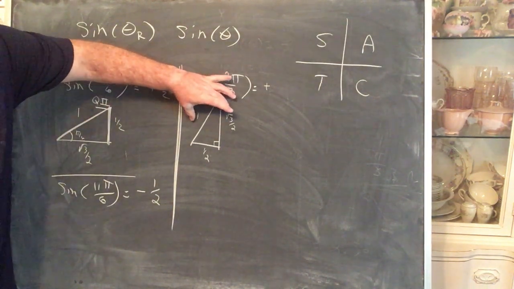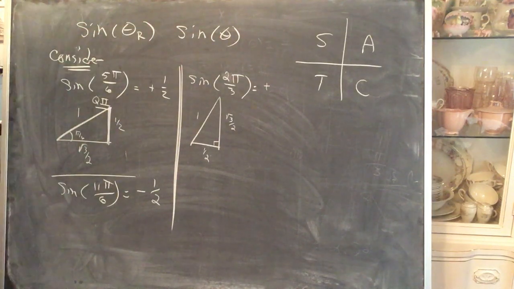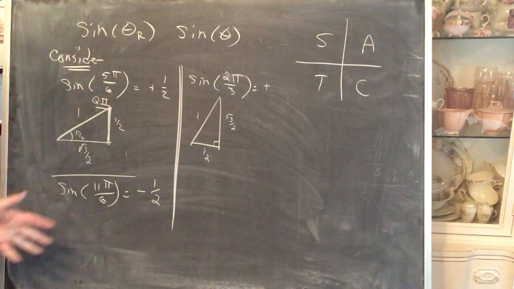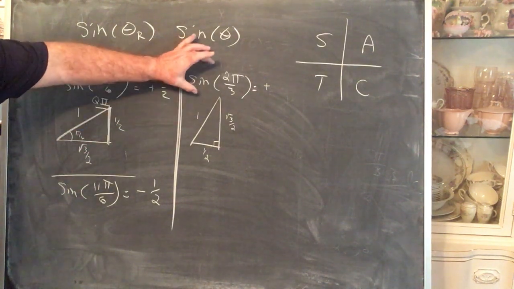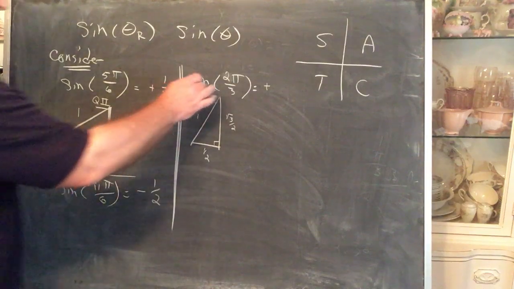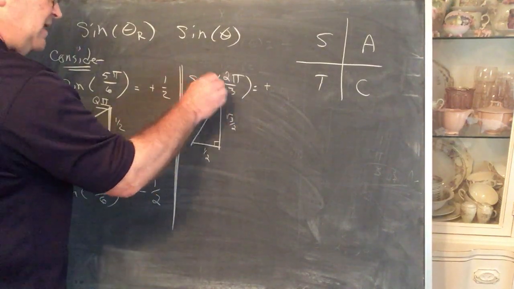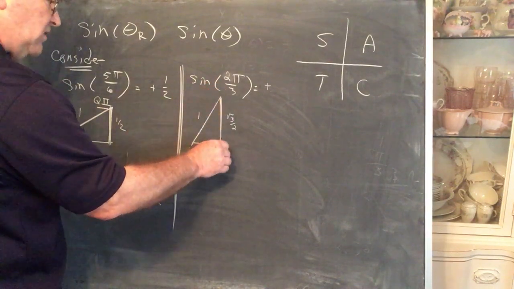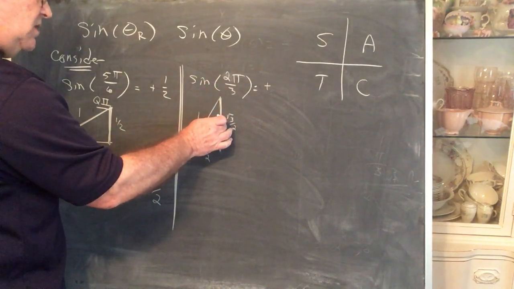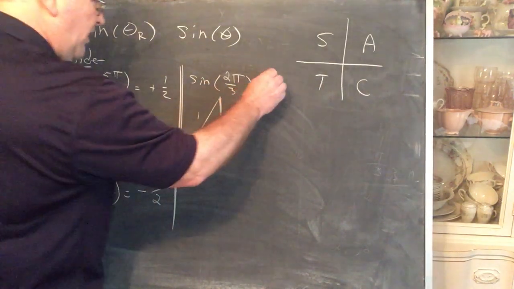This is the triangle for the reference angle pi over 3. Have that triangle in your mind's eye, and you don't need to memorize 50 different values. This triangle corresponds to this reference angle. Sine is the y-coordinate, it's the vertical value. That's radical 3 over 2. We've taken care of the signum already.